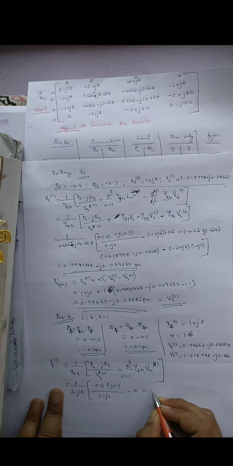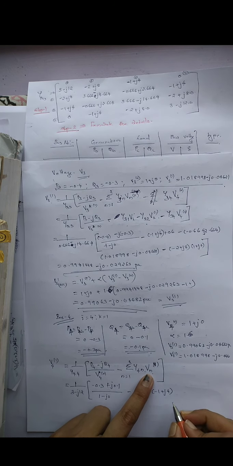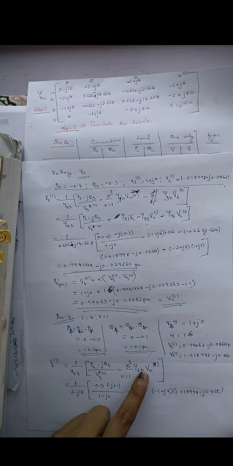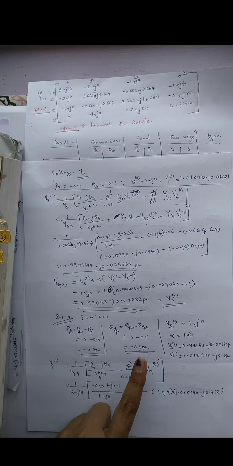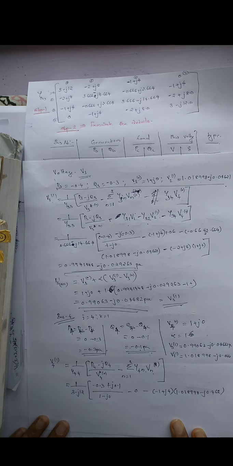0 minus y42. y42 is minus 1 plus j4 into V21. What is V21? That is 1.018998 minus j 0.462. We are not approximating it into 3 decimals or 4 decimals because we have to get the correct solution. So I am not using any approximation or rounding off the decimal points.